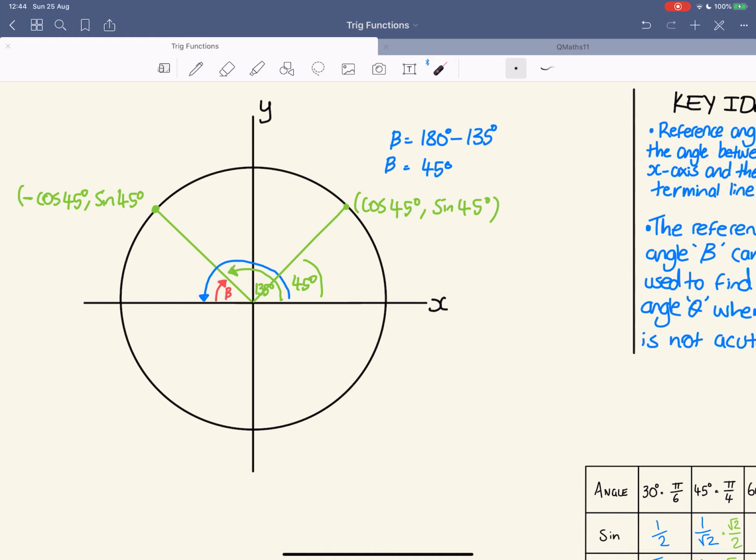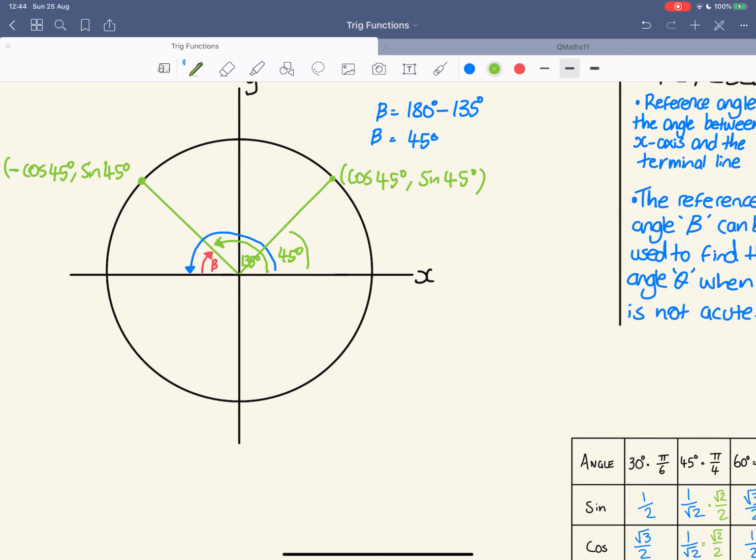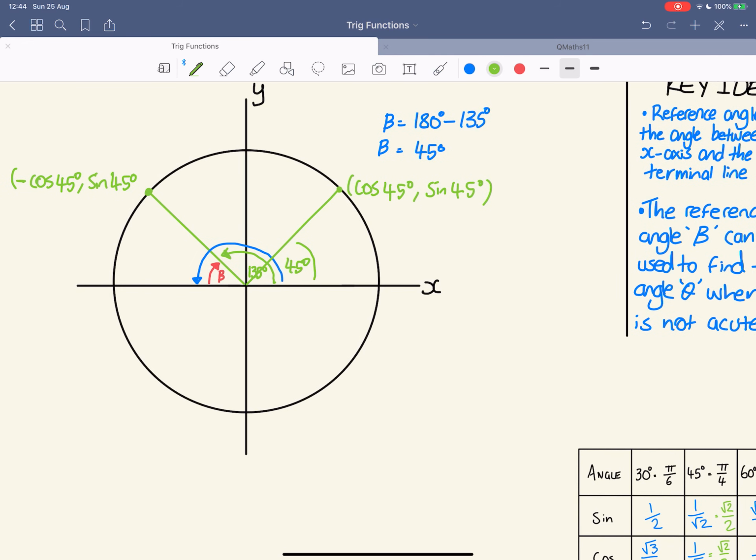Look, the cosine and the sine, excluding whether one's negative or positive, are exactly the same. So we know that for the reference angle, beta, the sine and the cosine are equal in part to the cosine and the sine of theta, the angle that we were interested in in the first place, which was right here.